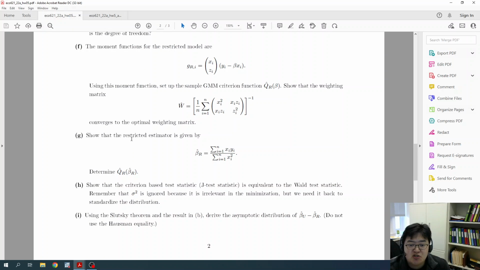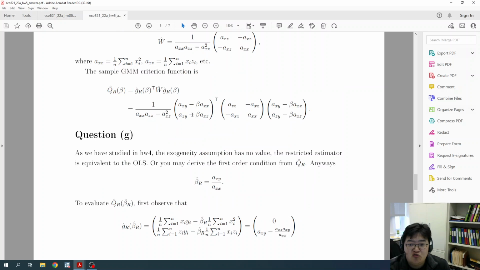And in question G, show that the restricted estimator is given by this, and calculate the minimized criterion function. You may use the criterion function and derive its first order condition. That is one possibility. But as I said earlier, I'm going to use the result we obtained in homework 4. You do not need Z at all.